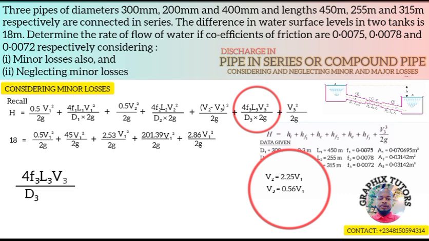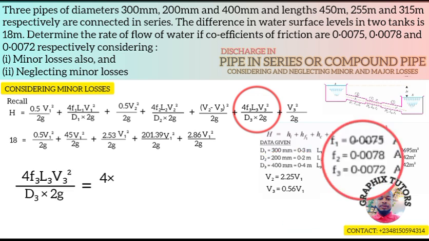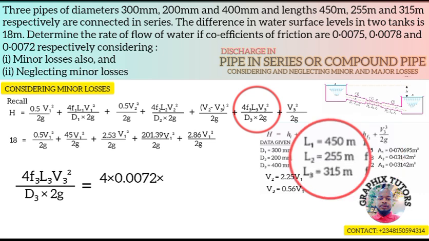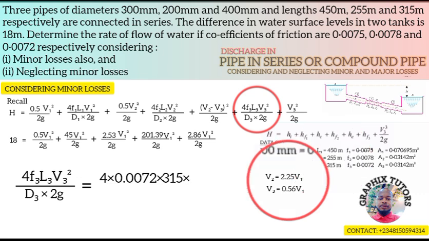Plus the next one, we have 4 times f3, which is given as 0.0072, times l3, which is given as 315, times v3, which is given as 0.56 v1, but the v3 has a square, so we have square here, altogether all divided by 0.4 times 2g.